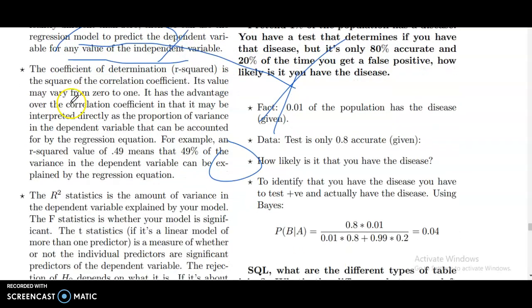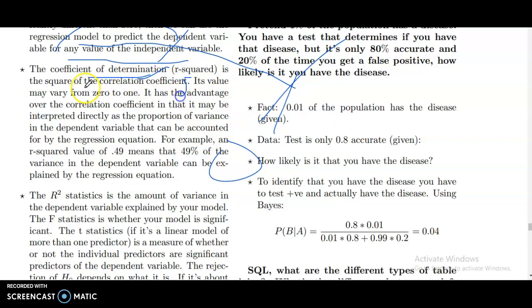Coefficient of determination, R squared. The coefficient of determination, R squared, is the square of the correlation coefficient.